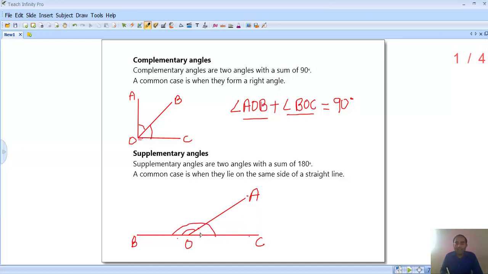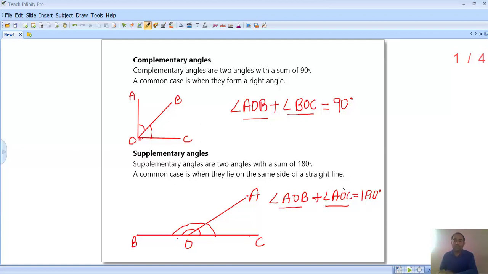So this angle and this angle are both supplementary angles, because if you add angle AOB and angle AOC, the sum will be 180 degrees. Now I am going to repeat. If the sum of two angles is 90 degrees, they are complementary angles. If the sum is 180 degrees, they are supplementary angles.